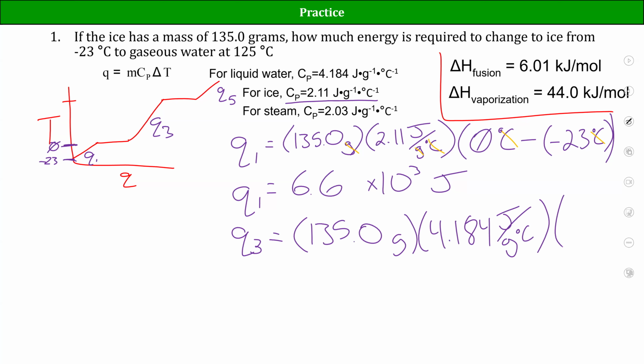Going from 0 to 100 means our temperature change is 100. But why do we have this? We want to keep all the sig figs we're allowed to. But we have 4 sig figs here, 3 sig figs there. After we do the subtraction, that's only 2.